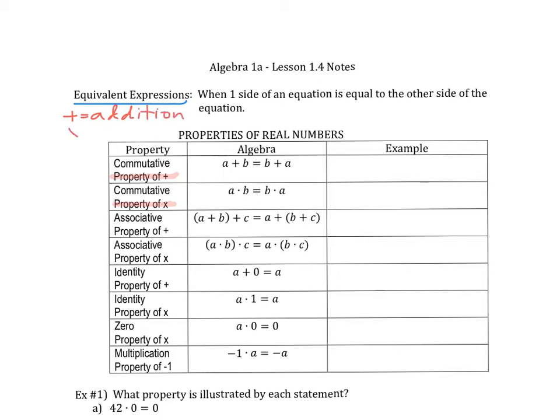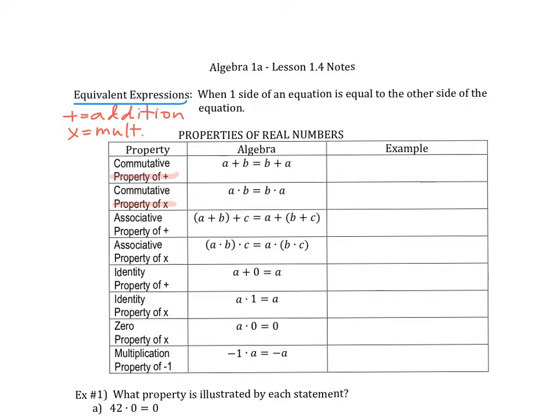And when you see a times, it's saying multiplication, okay? But you may just put a plus sign or a times sign every time. Okay, so the commutative property of addition versus the commutative property of multiplication.